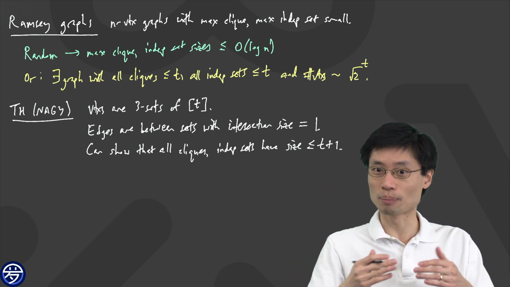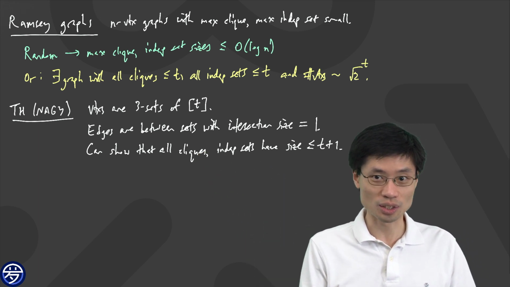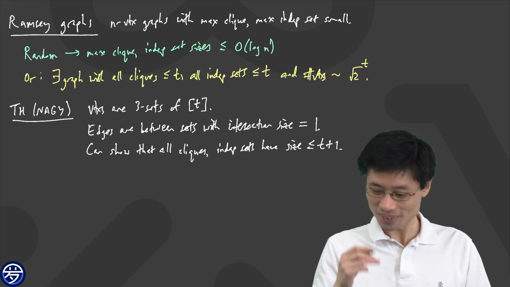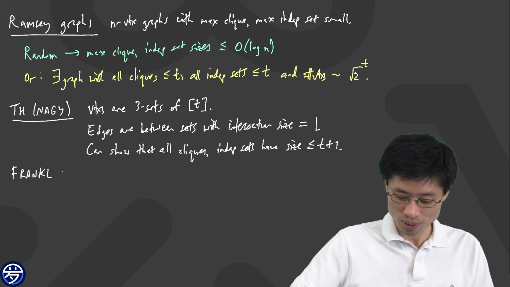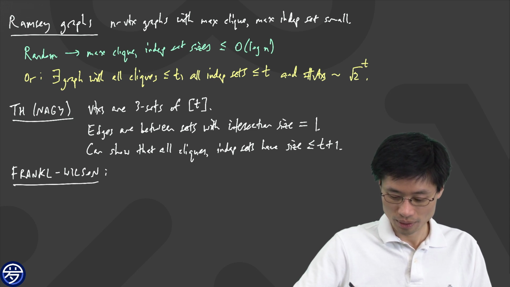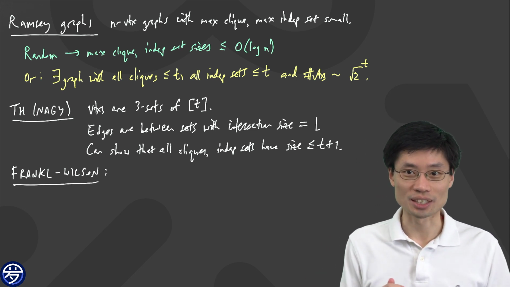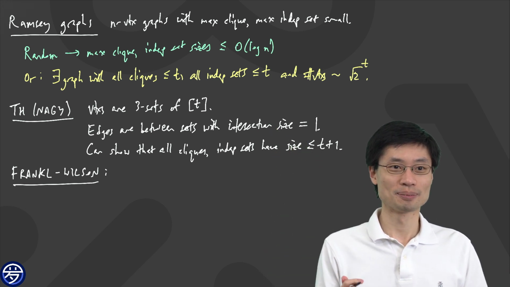But the first big breakthrough that went beyond these polynomial type bounds was a construction by Frankl and Wilson. So Frankl and Wilson, the same two people whose names were on that theorem I just talked about, had a construction that was basically an extension of this with bigger primes.